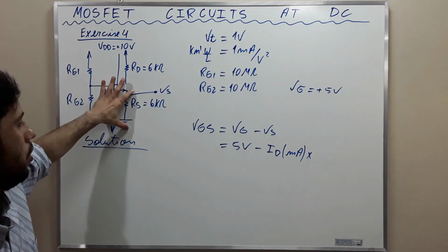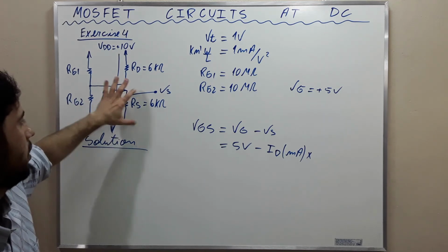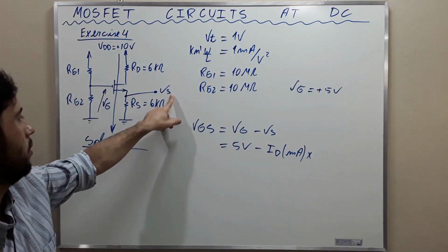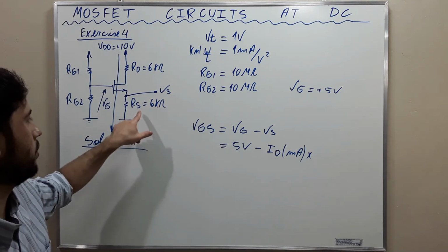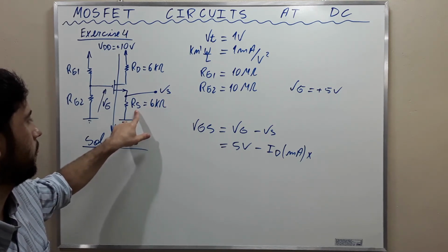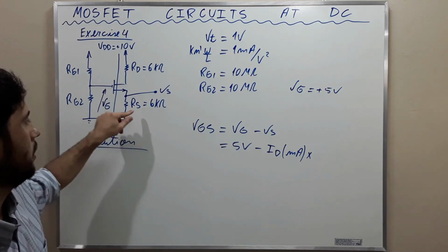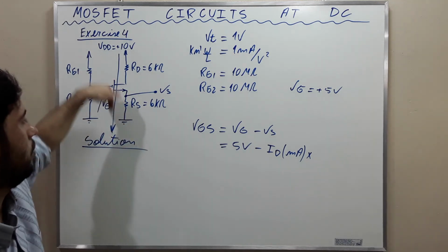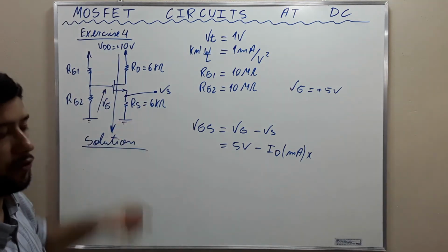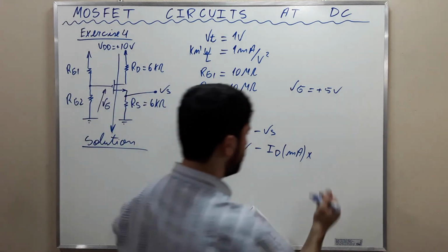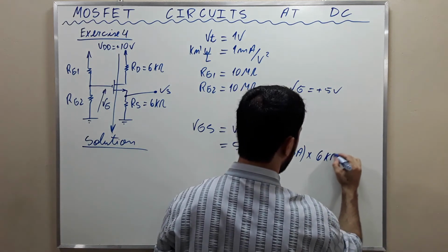This is going to be on top of this, VS. VS is the current that goes down through here times the resistance, which is 6 kilo ohms.